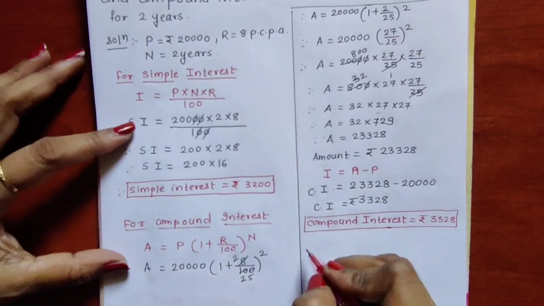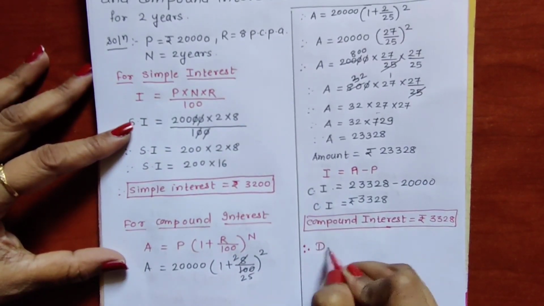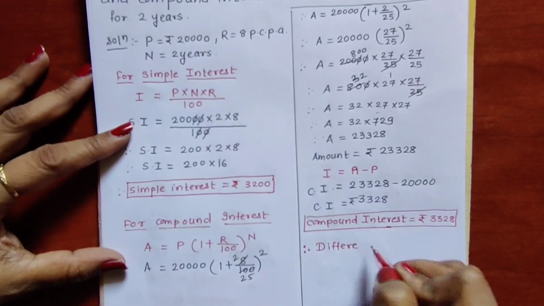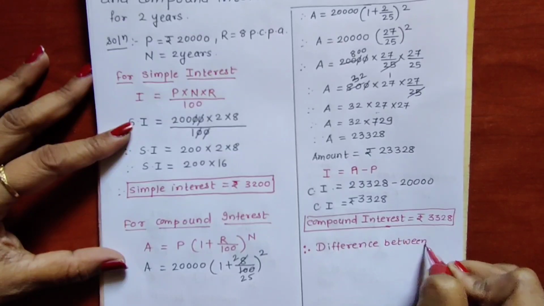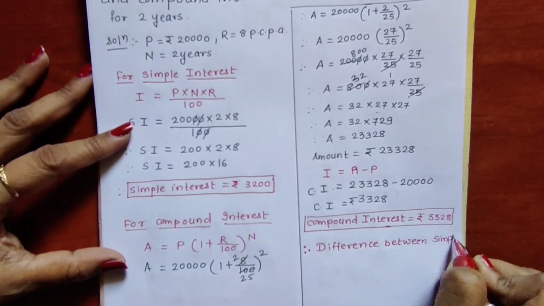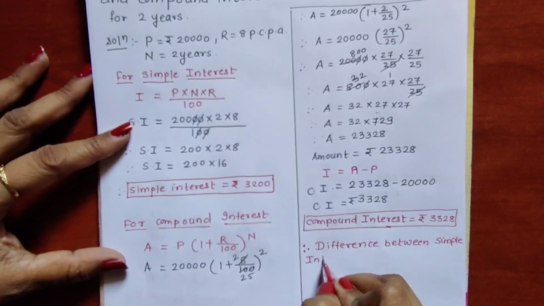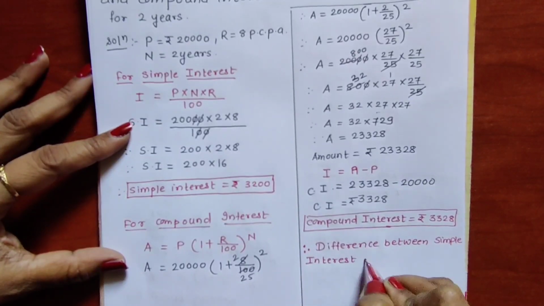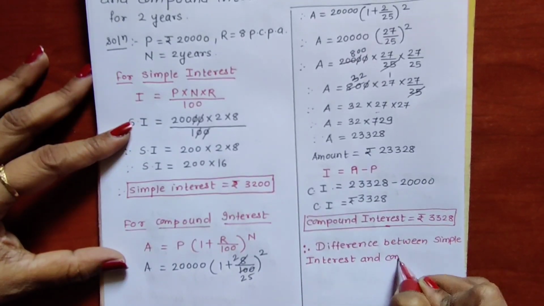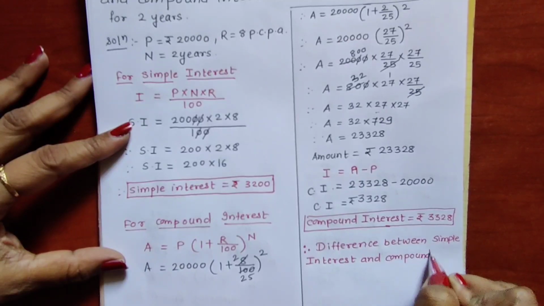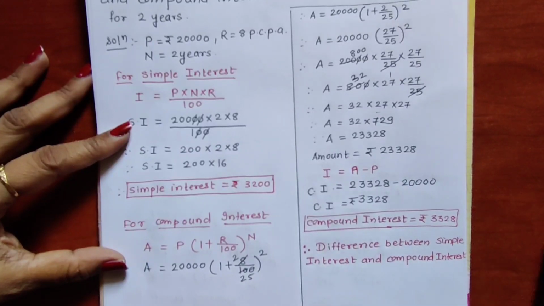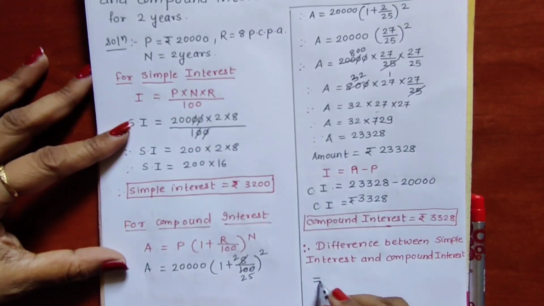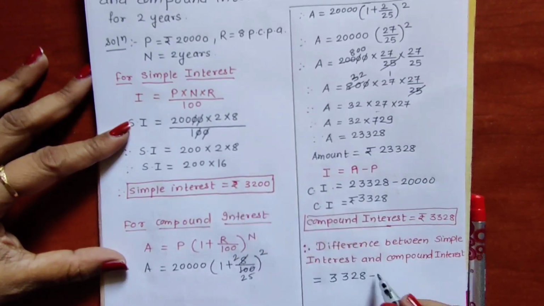So I will be writing, therefore difference between simple interest and compound interest is equal to, difference means we have to subtract 3328 minus 3200.